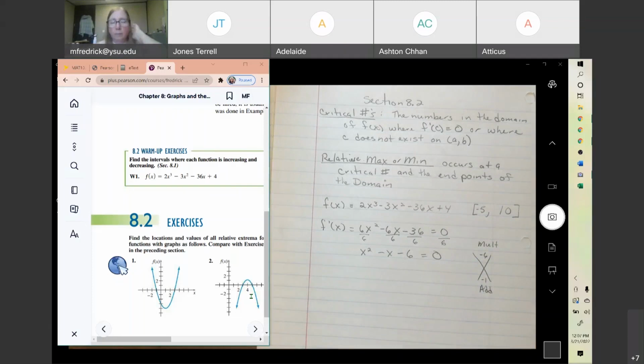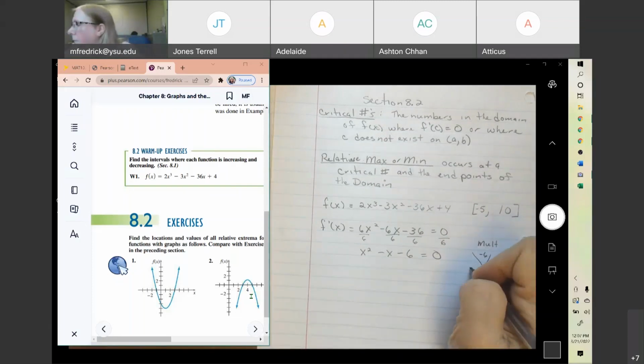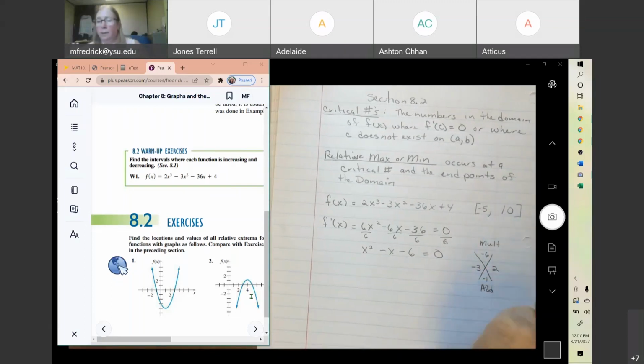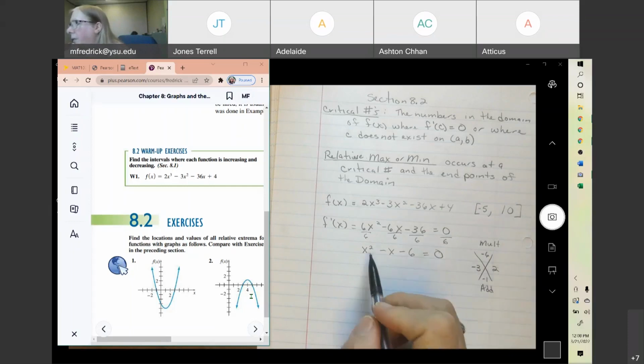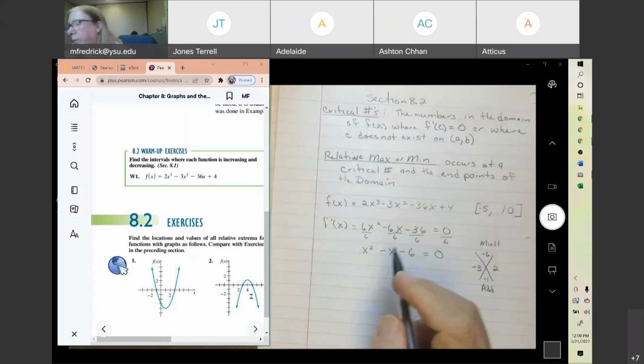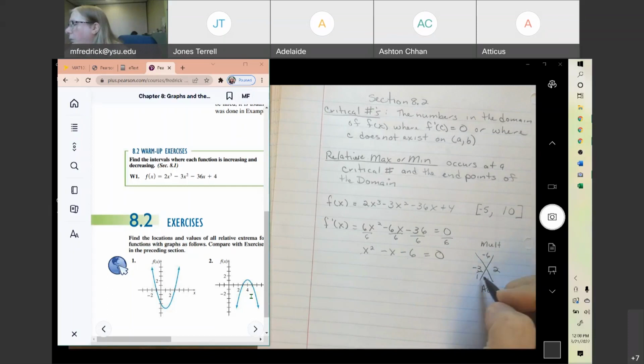Negative 3 and 2. When we multiply, we get the negative 6. When we add, we get the negative 1. Since there's no number in front of our squared term, it's just 1s.